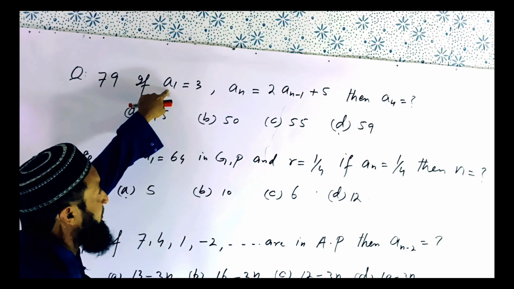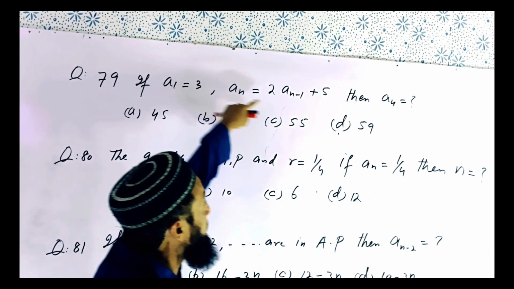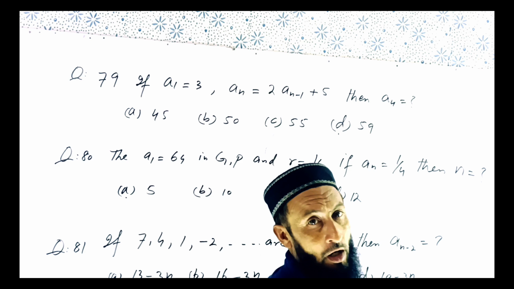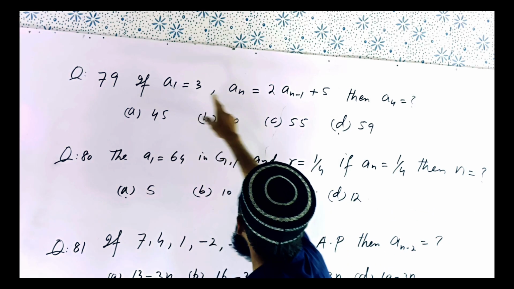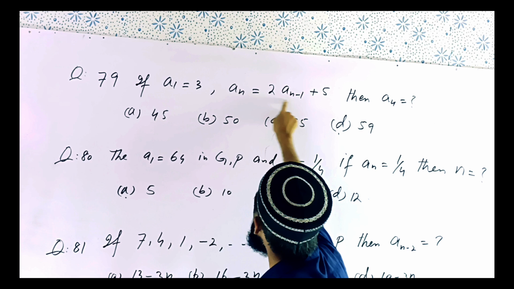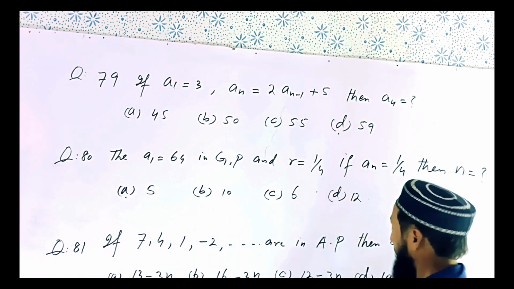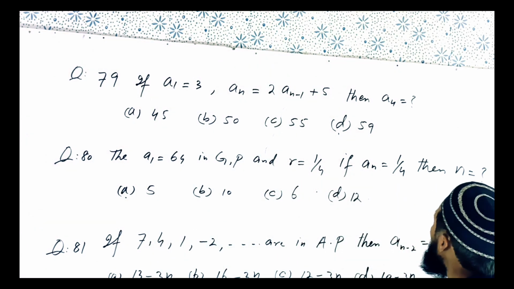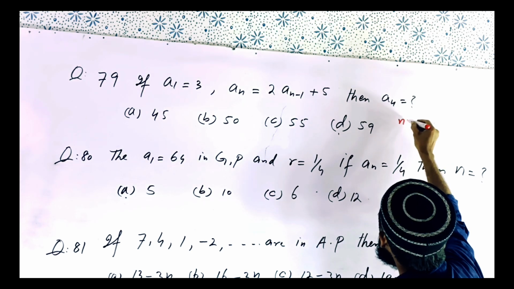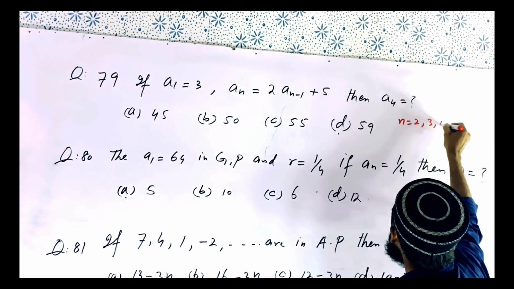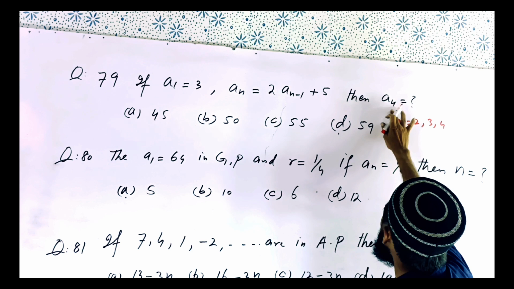If the first term is given and the general term is also given, and 4 terms are required, how do we calculate? It means that the first term is given, then we put n equal to 2, 3 and 4, because 4 terms are required.